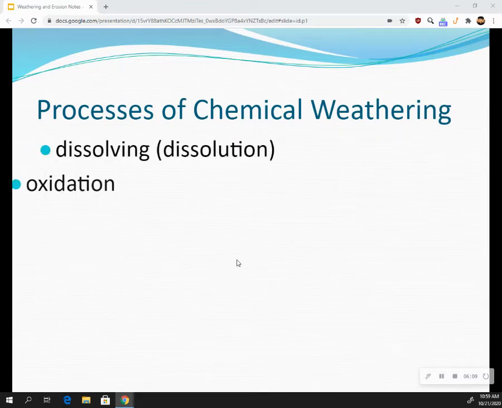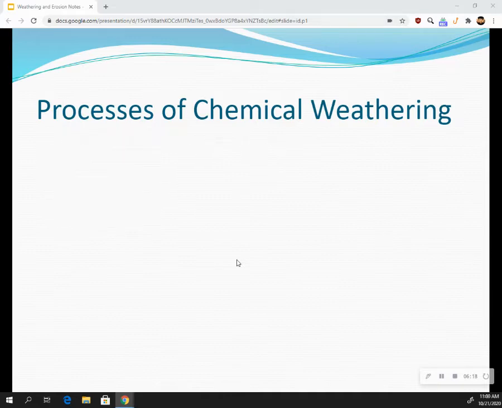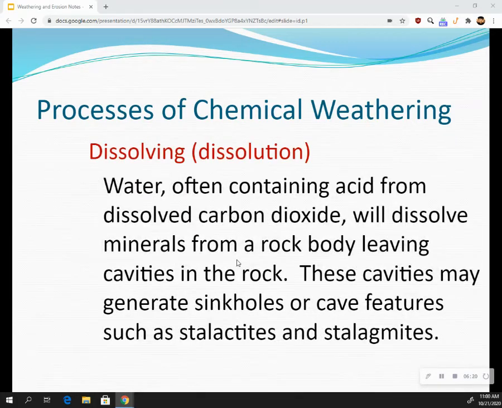So chemical weathering is different. We have the processes of hydrolysis, oxidation, and dissolving. Dissolution is what we call it; dissolving is what you think of it. Dissolving is when you have an acid from carbon dioxide. When we talk about acid rain, this would be a dissolution or dissolving process. It will dissolve minerals from a rock body, leaving cavities in the rock.